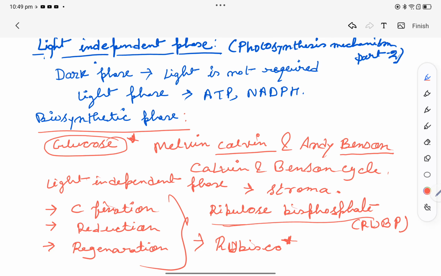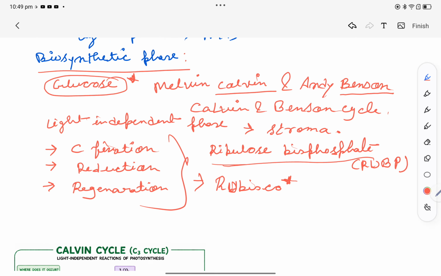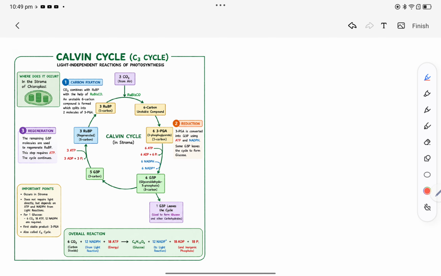So, we have divided the Calvin cycle into three parts. First, we get the carbon fixation step. In this step, what happens? CO2 enters the Calvin and Benson cycle.